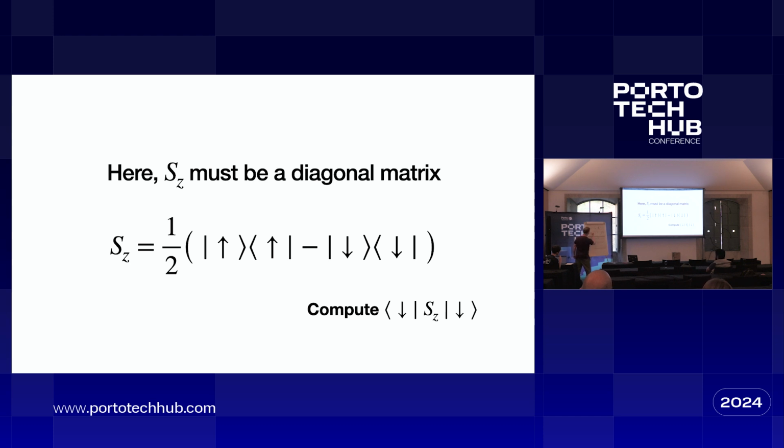Sorry, there was a half here. Half times negative 1 equals negative a half. Sorry, this is atrocious. I don't know how to write on vertical things, but you can see we get the right answer out, okay? If we calculate this with the matrix I just told you was the matrix of SZ, spin in the vertical direction, on the spin down state, then I get out the right answer for the expectation value.